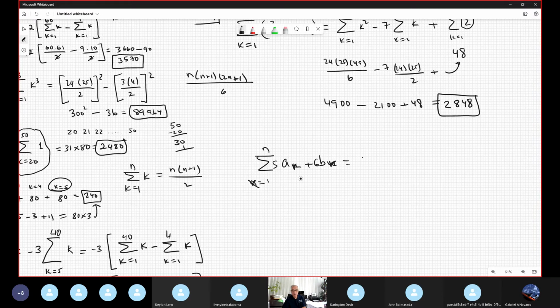We put the 5 outside, summation k equal 1 to m of a sub k, plus 6 summation from k equal 1 to m of b sub k. This is a linear operator. You have a complicated expression, but it is a linear operation. You separate.